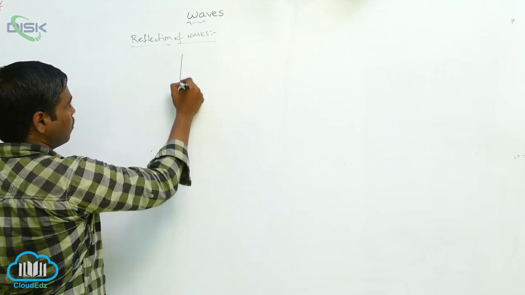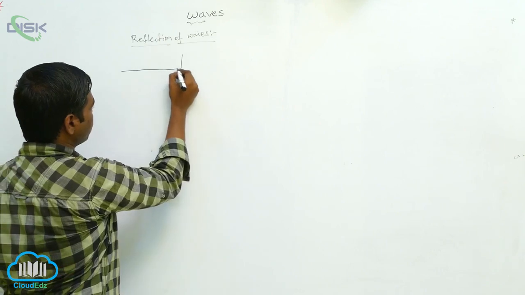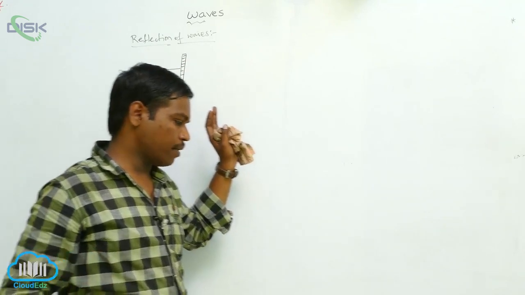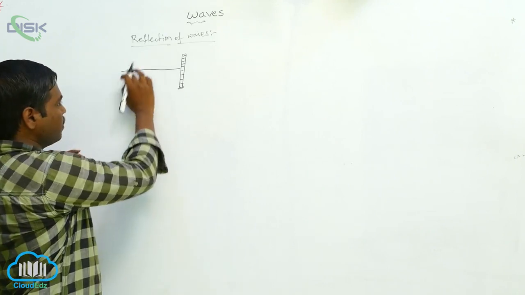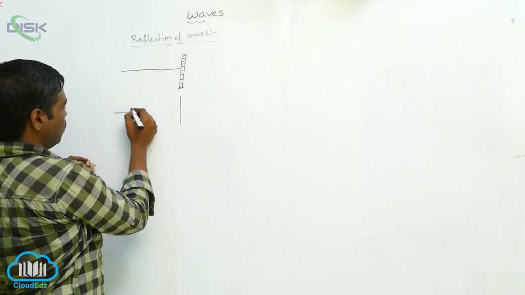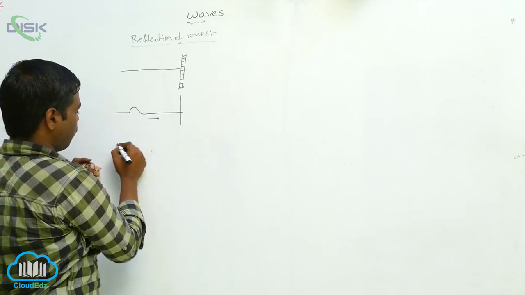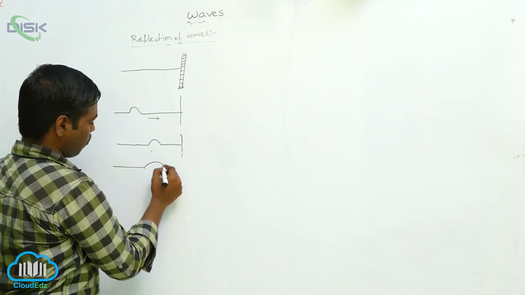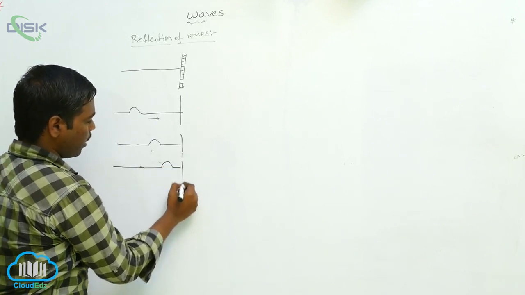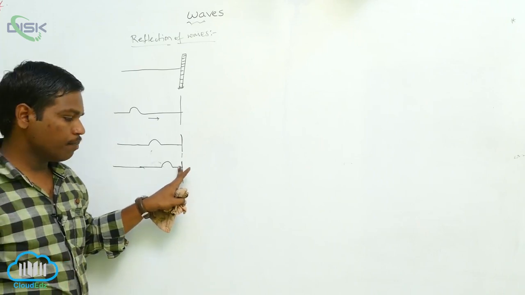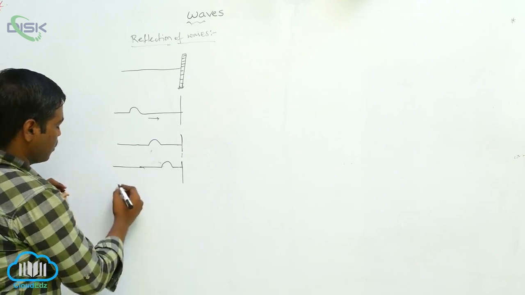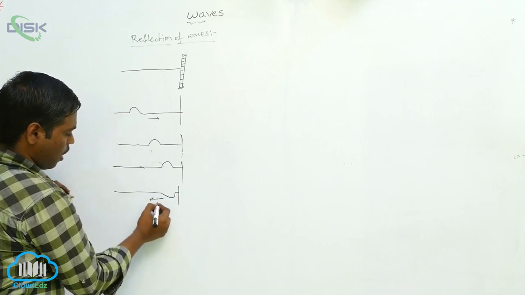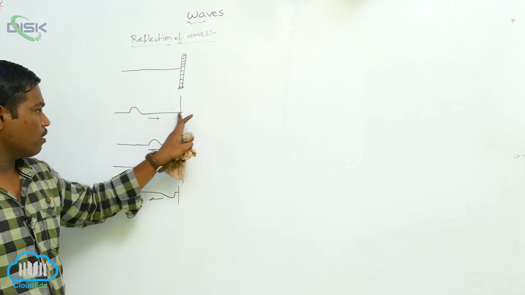Here I am taking an end where a rope or string is tied to a support. When a disturbance is caused in this string, the pulse travels along this direction.